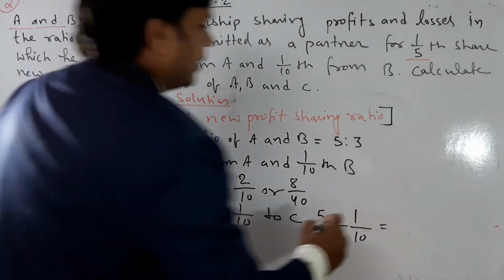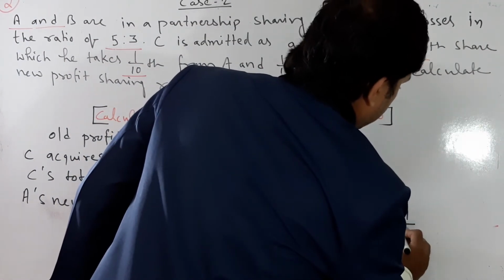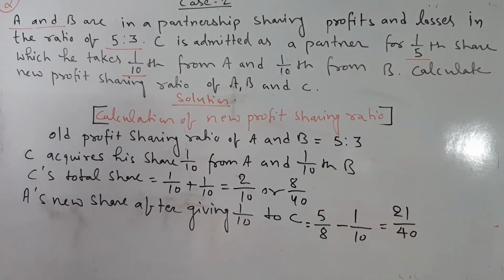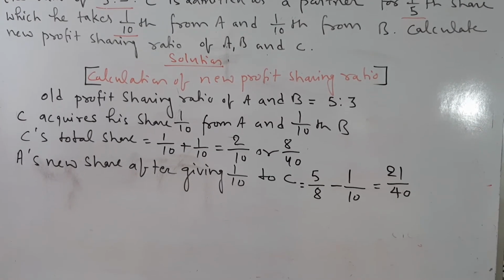After calculating, it is 21/40. A's new share after giving 1/10 to C is 21/40. Clear?